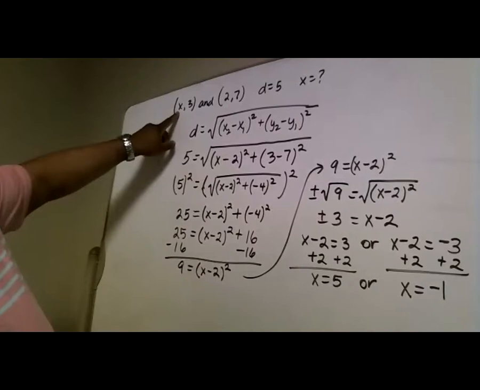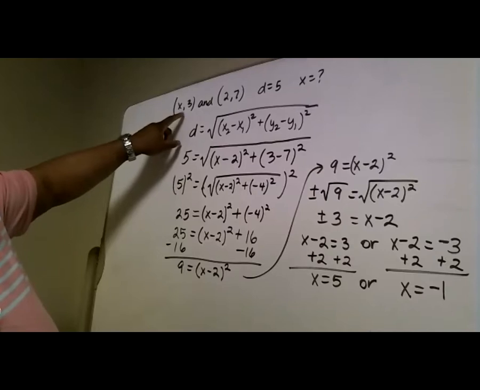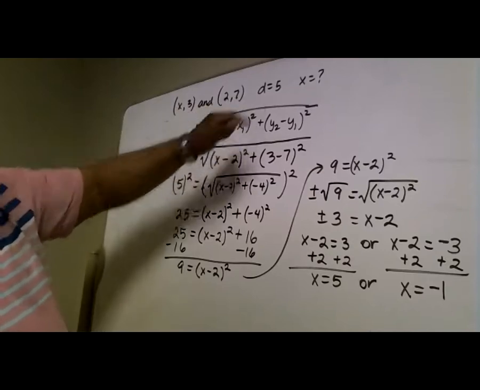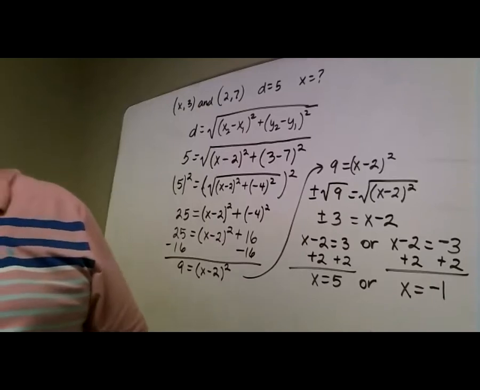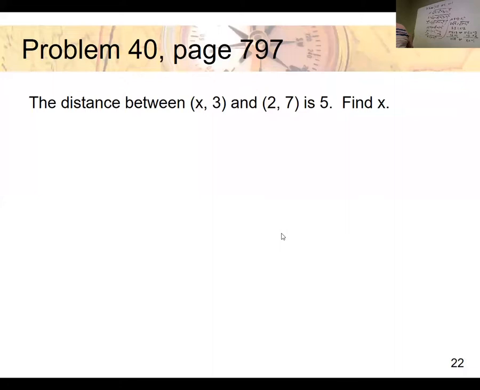And then for negative 1 minus 2 is negative 3, negative 3 squared is 9, and 16 plus 9 would be the same thing. So it's both. You only do that square root when you're trying to get rid of the square. Okay, any other questions?